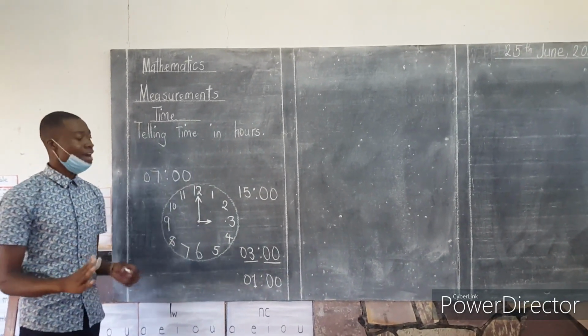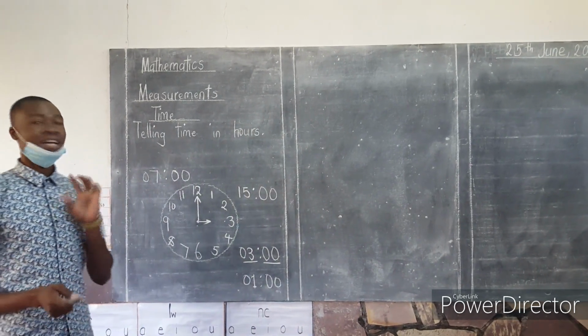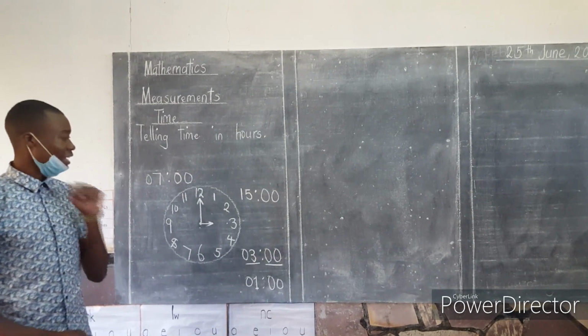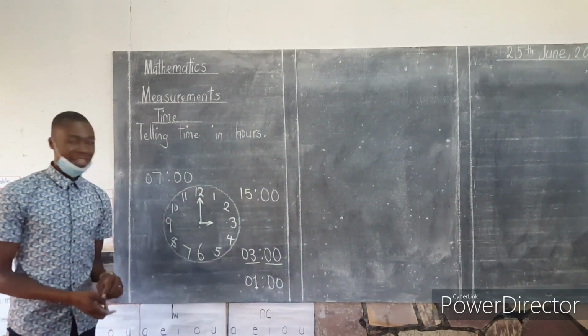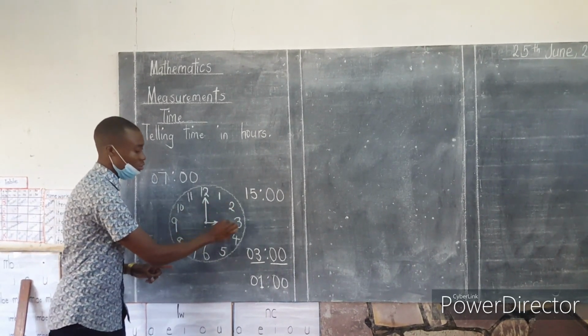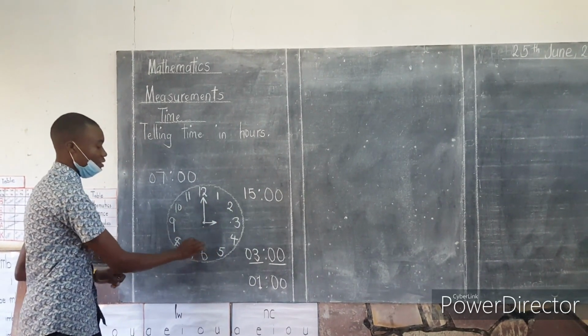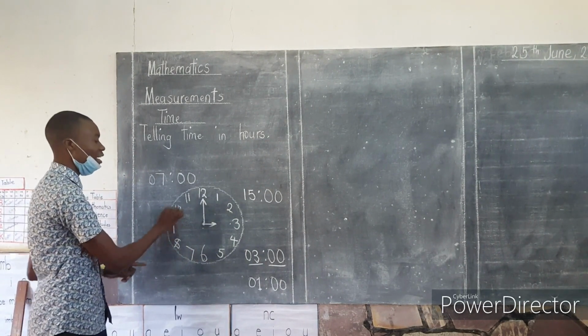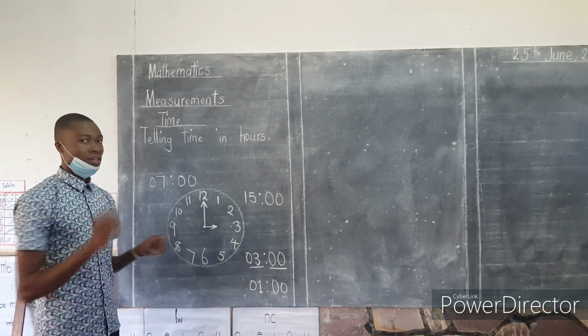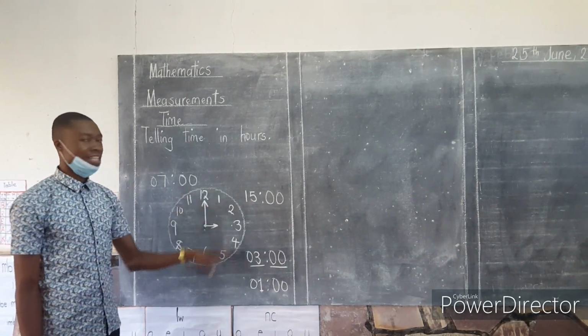But our focus was just on the hours in the morning and in the afternoon. So for hours in the morning, we said it starts from 01, 02, 03, 04, 05, 06, 07, 08, 09, 10 hours, 11 hours. So that is the morning time.